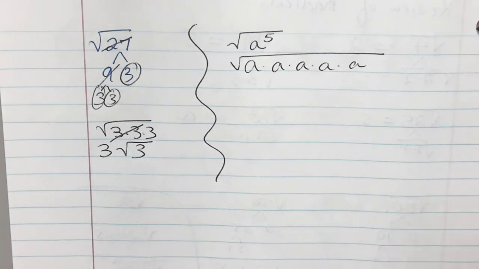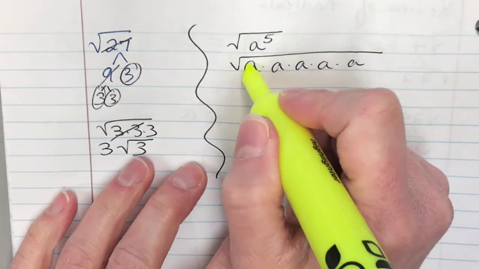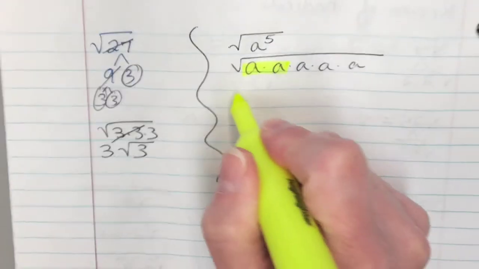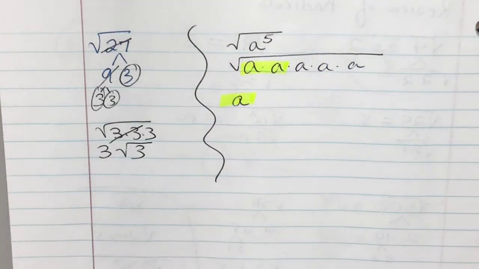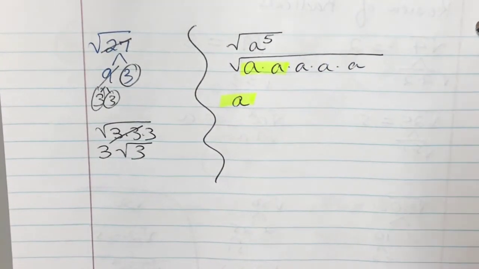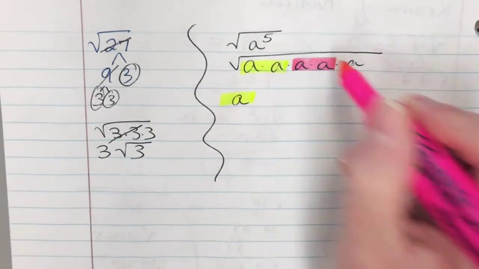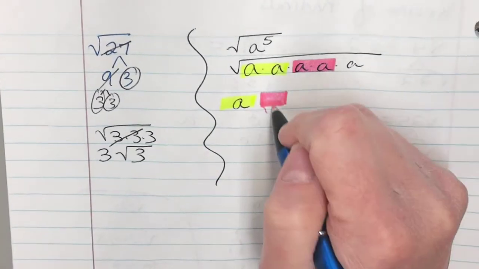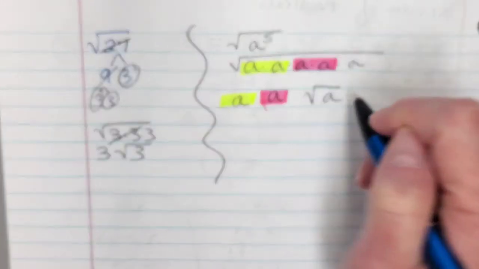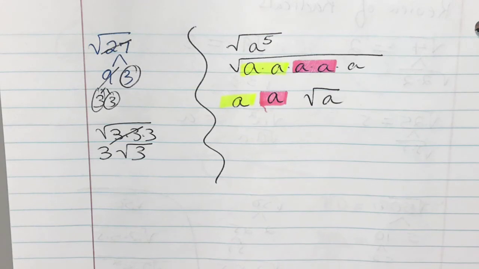But square roots look for partners. So out comes an A from this first pair. I'm going to look at the next pair, and out comes another A, and we have an A left inside.